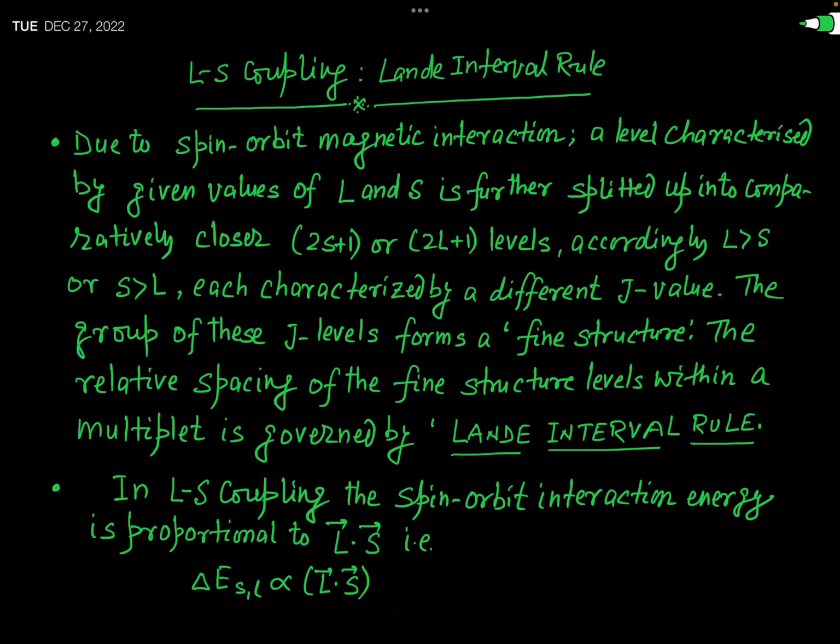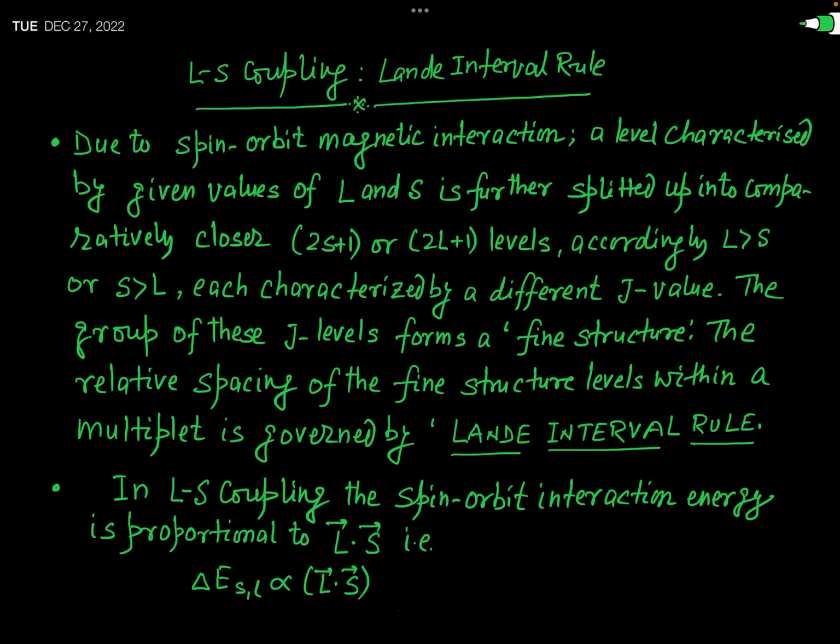There are actually three perturbations due to spin-spin interaction. First of all, the spin angular momenta of different electrons get added together, and that results in a resultant spin angular momentum, which is denoted by the symbol capital S.